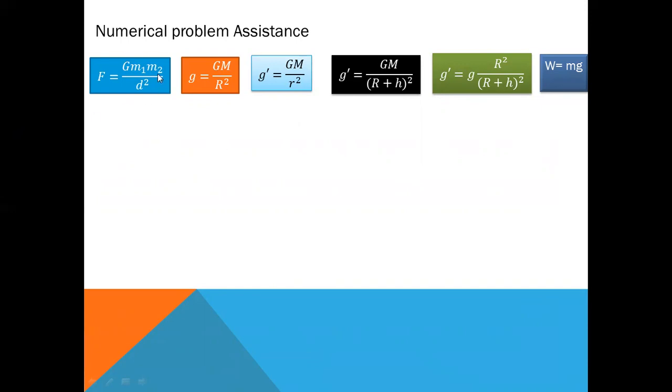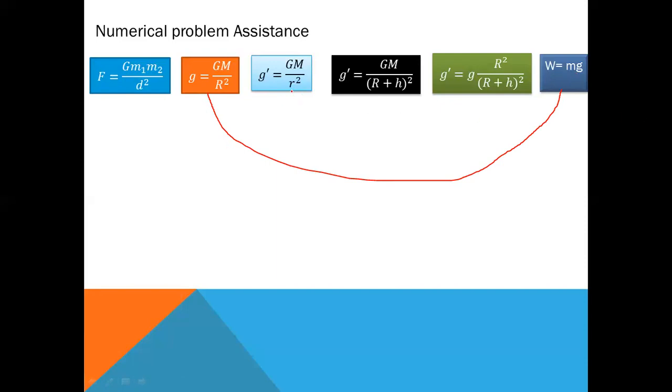This formula can be used to calculate the gravitational force between two objects, or distance between two objects on the basis of given other variables. This formula is used to calculate acceleration due to gravity at different places, and acceleration due to gravity on different planets also. And these formulas sometimes we have to use combinedly, because first of all we have to calculate acceleration due to gravity, then only we have to calculate the weight of the object.